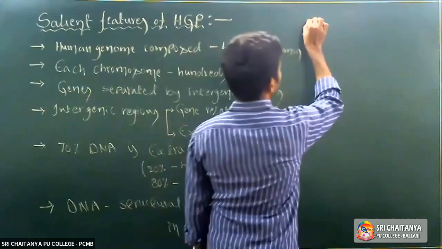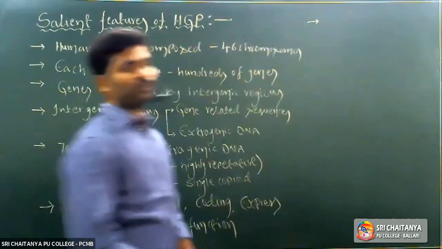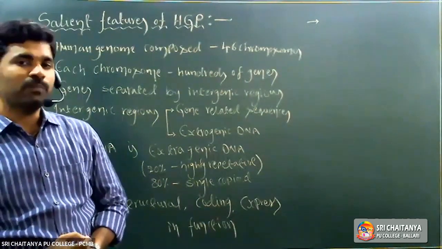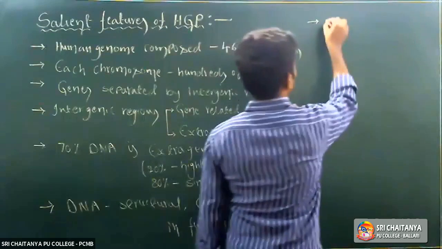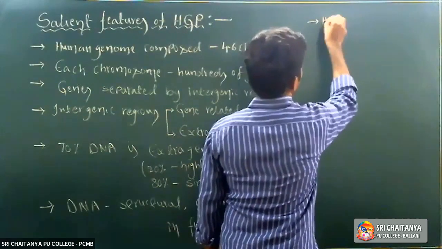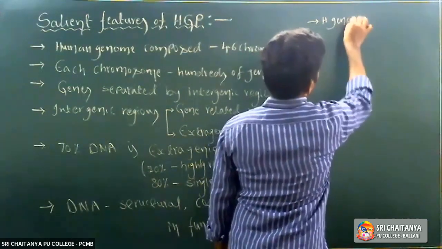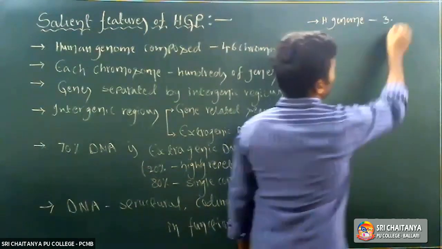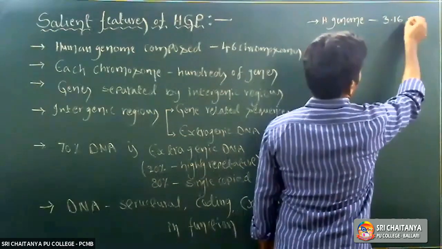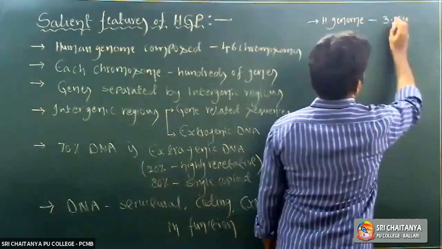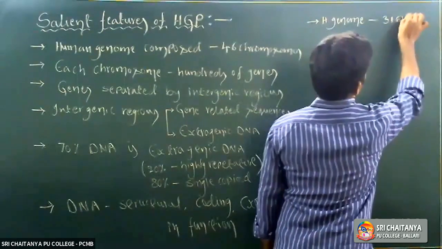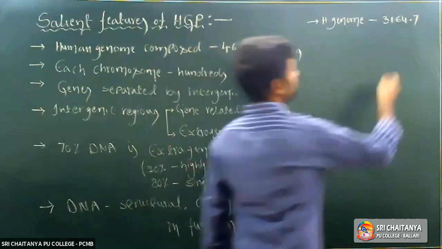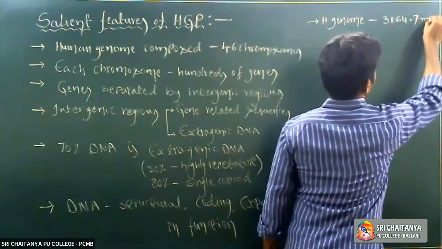Now come to that, the human genome is composed of 3164.7 million base pairs, right? So the human genome contains 3164.7 million base pairs.